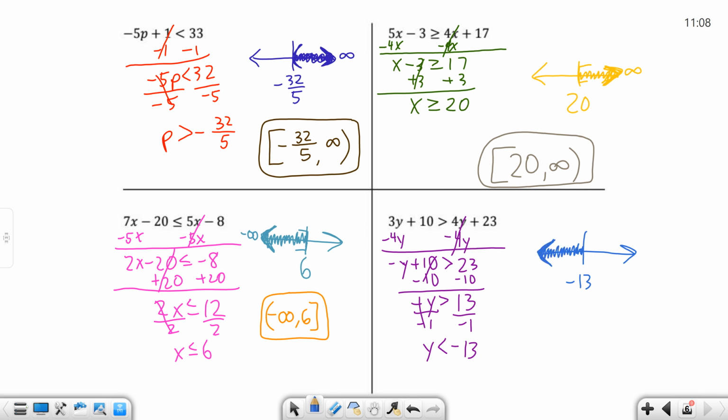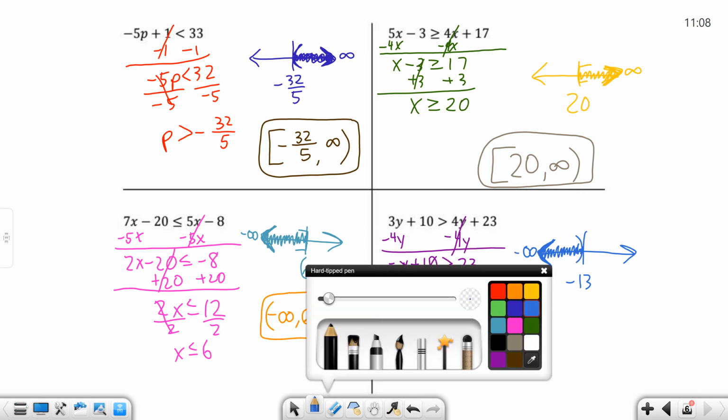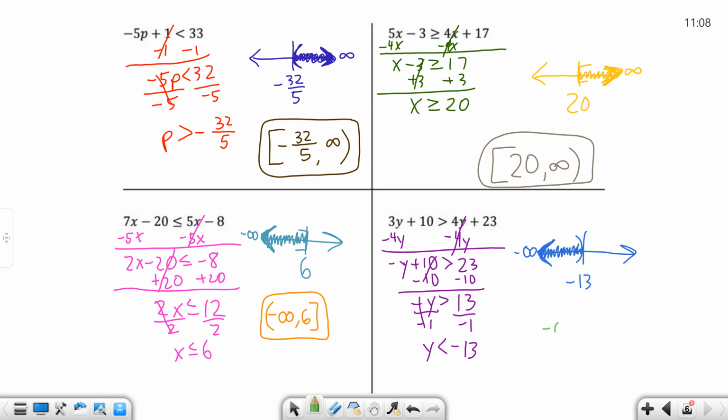And then this is negative infinity with a parenthesis. And then negative infinity, comma, negative 13, parentheses. So there's your interval notation for that one.